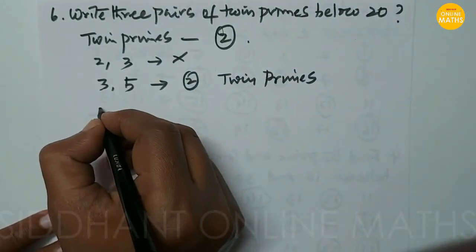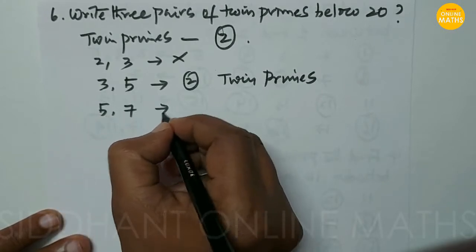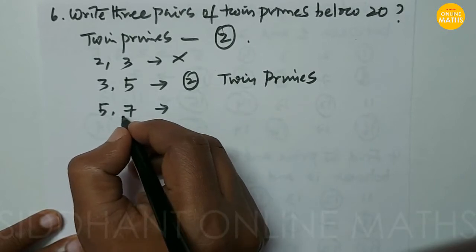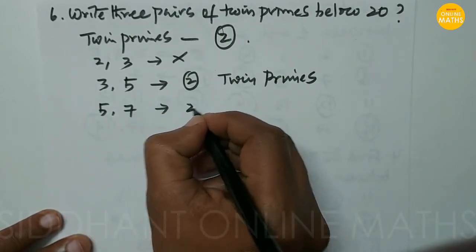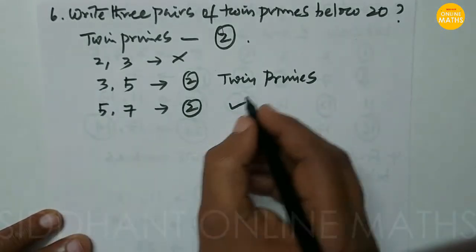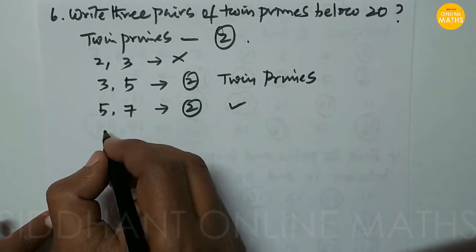In the same way, 5 is a prime number and 7 is a prime number, and 5 and 7 have a difference of 2, so we can say that they are twin primes.